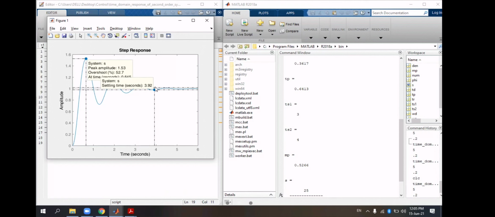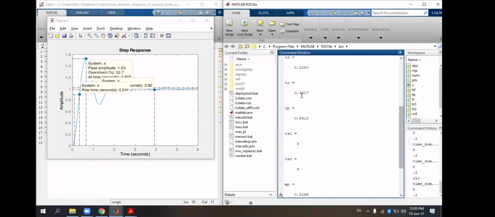Now next is rise time. It is the time from 10 to 90% for an overdamped system, and 0 to 100% for an underdamped system. This rise time is 0.241, and we have calculated from the formula 0.3. So there is a mismatch because they have calculated it for 10 to 90%. We can also change that.